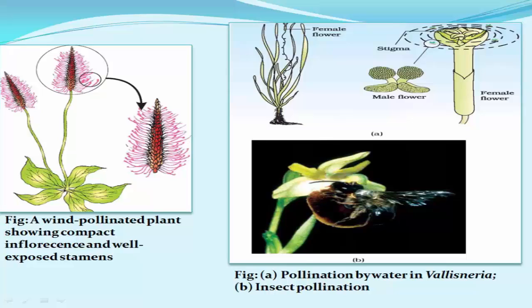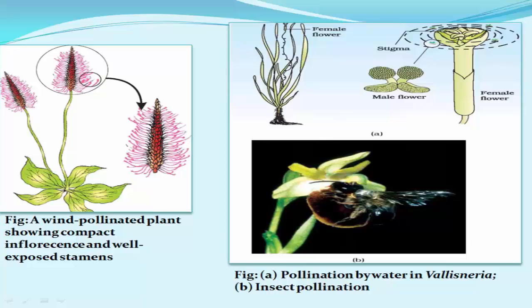The stigma is long and feathery so that it can receive the pollen grains brought by the blowing wind. And the small flowers are grouped in the form of inflorescence, and one ovary has only one ovule. These are some characters that can be observed in the anemophilous flower.